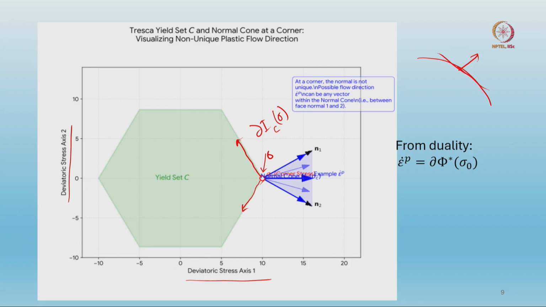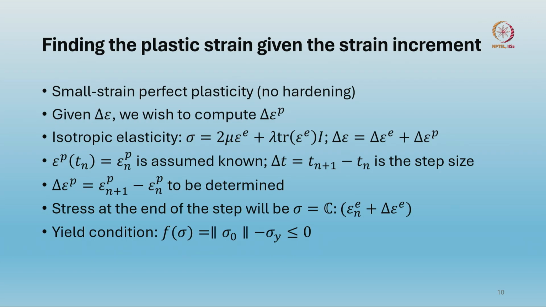It can be anywhere, you do not know. You do an experiment, you will find it in some direction; you do another experiment, you will find it in another direction. So, this is a non-uniqueness of the plastic flow direction because of the non-smoothness of the yield surface, which we did not find in von Mises plasticity. Okay. So, this is an important point.